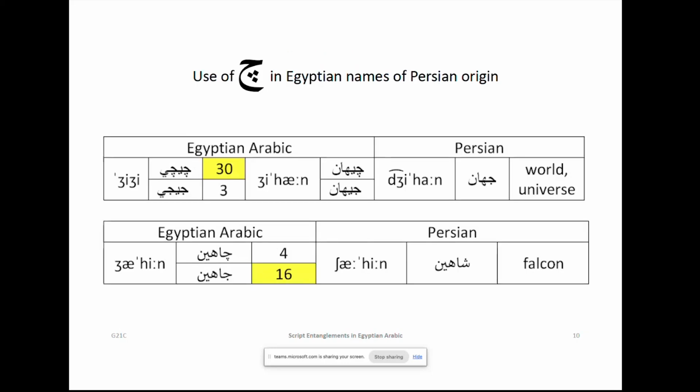Egyptians use names of Persian origin with the sound j, the pronunciation of which has been kept in Egypt, while it is spelled with a GIM one dot or three dots alternatively. The choice of this graph in Egypt is thus dictated by its iconic link with GIM one dot, not by its Persian phonemic value, a subtle entanglement between exogenous and endogenous influences.